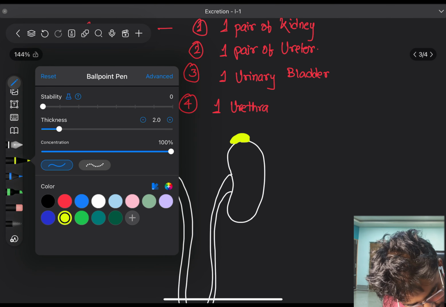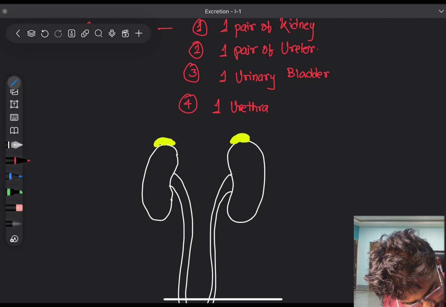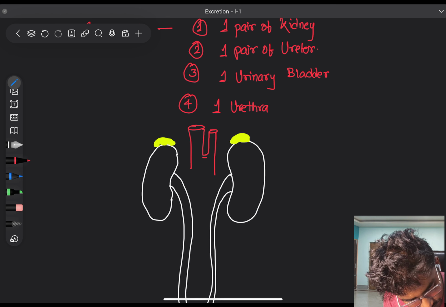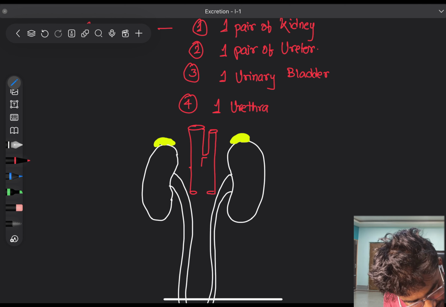Here we have the aorta. It's a branch of the abdominal aorta. This is the aorta that gives blood to the renal artery.